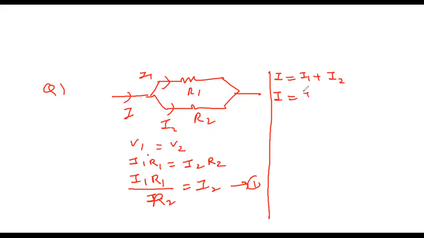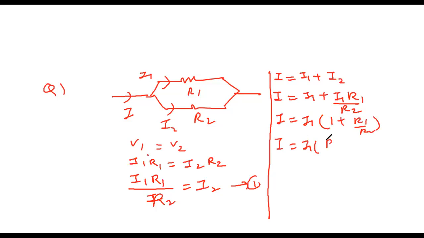That means I is I1 plus I1 R1 upon R2. I1 if you take common, 1 plus R1 upon R2. That is I1 into R2 plus R1 upon R2.